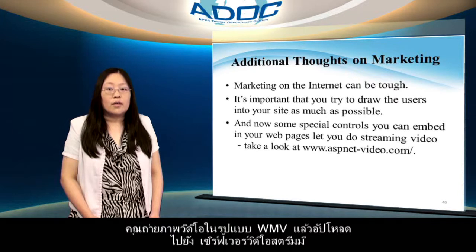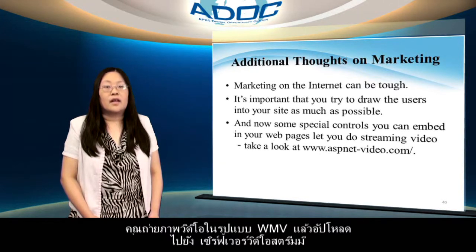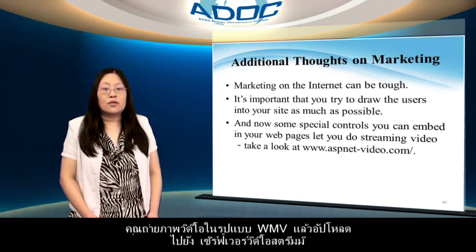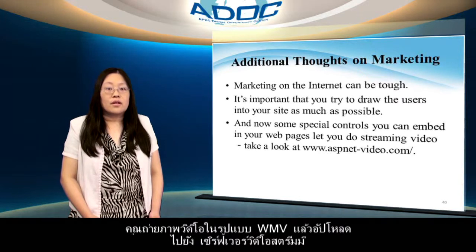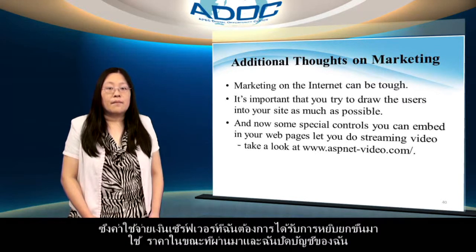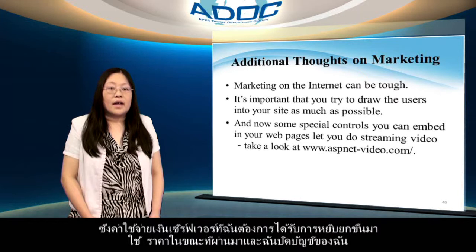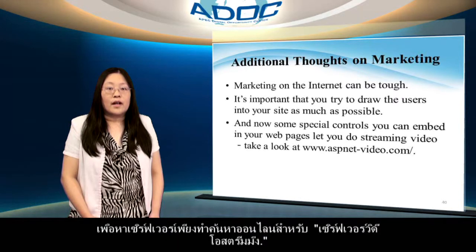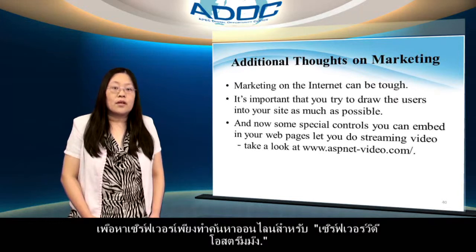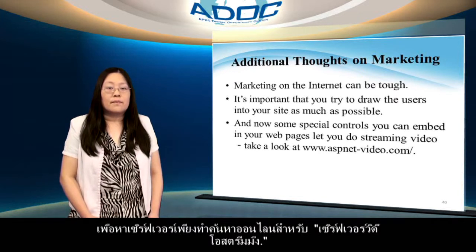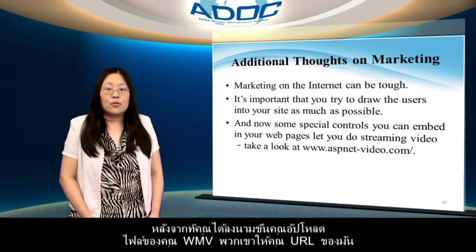You shoot the video in WMV format and then upload it to a streaming video server, which costs money. The server I've been using raised its prices a while ago, and I closed my account. To find a server, just do an online search for streaming video server. After you have signed up, you upload your WMV file.